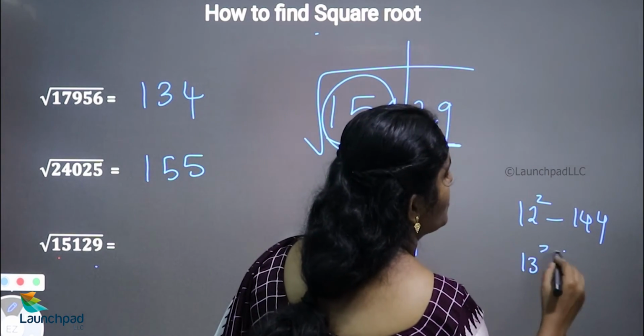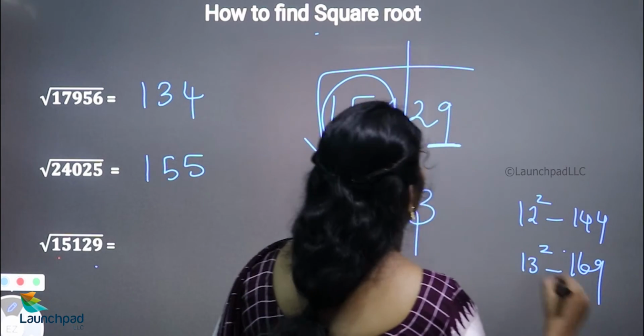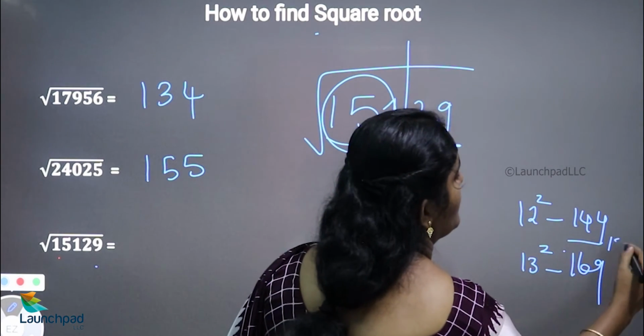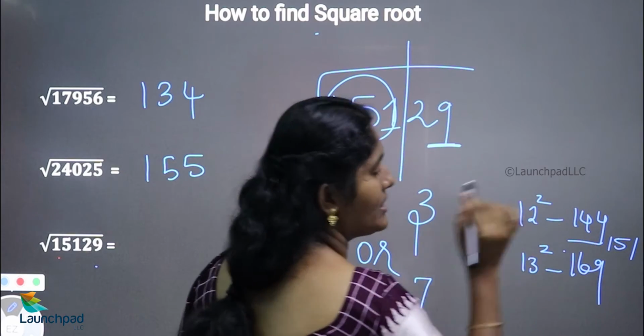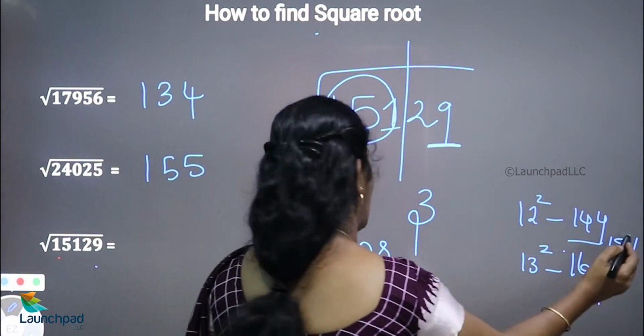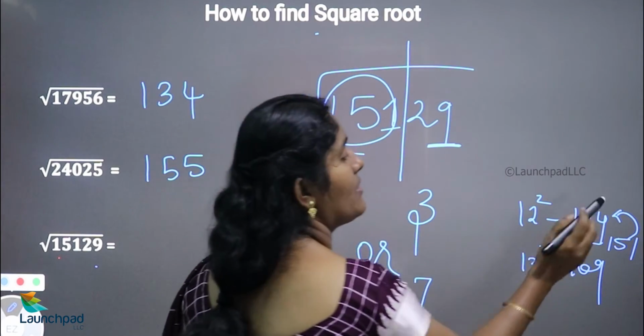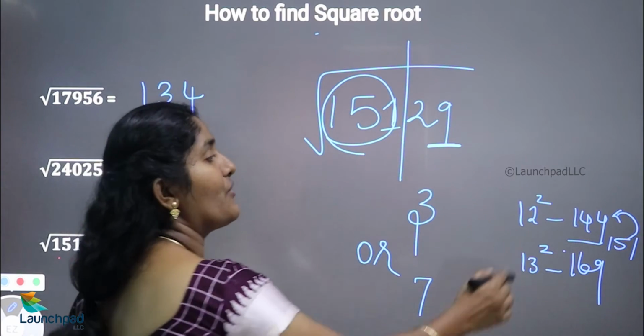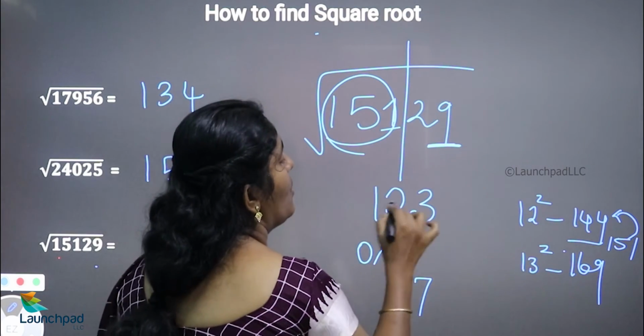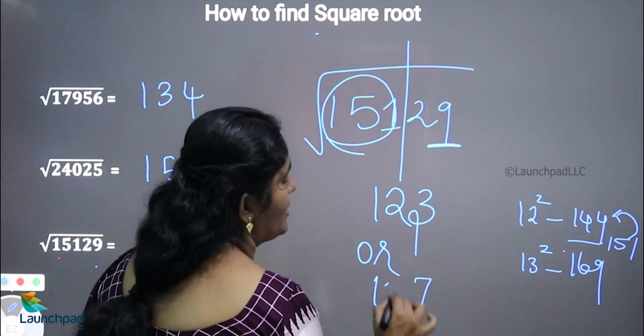Okay, 13 square value is 169. The 151 lies between 144 and 169. You want to consider the previous value. Which one is your previous value? 144. 144 is the square of which number? 12.